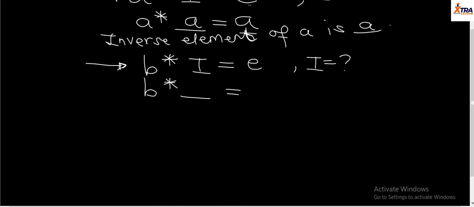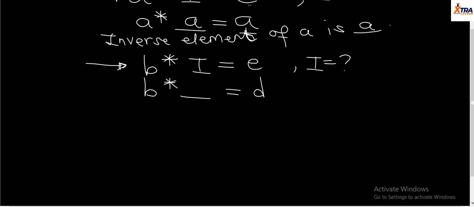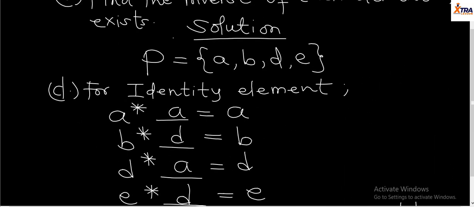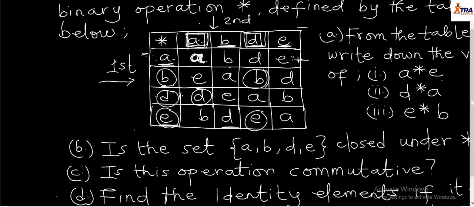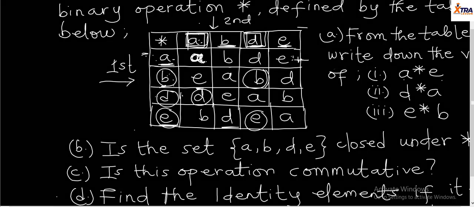So all we need to do is slot it here, and then go to our table and say, what do I need to operate with B that will give me D on the second axis? So go here. What do I need to operate with the B on the first axis that will give me D on the second axis?